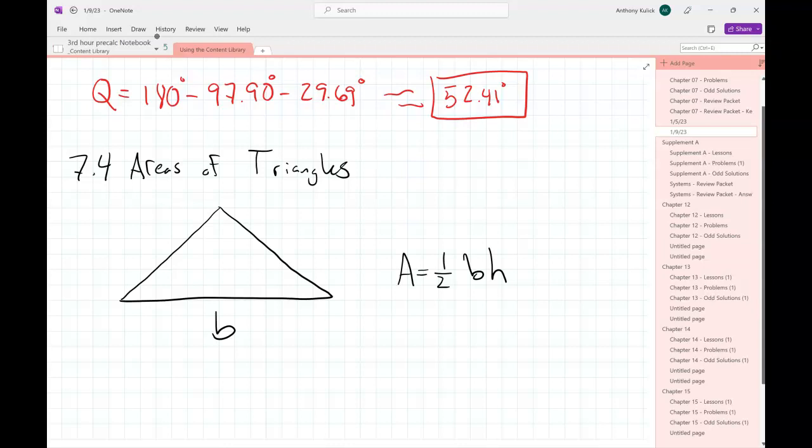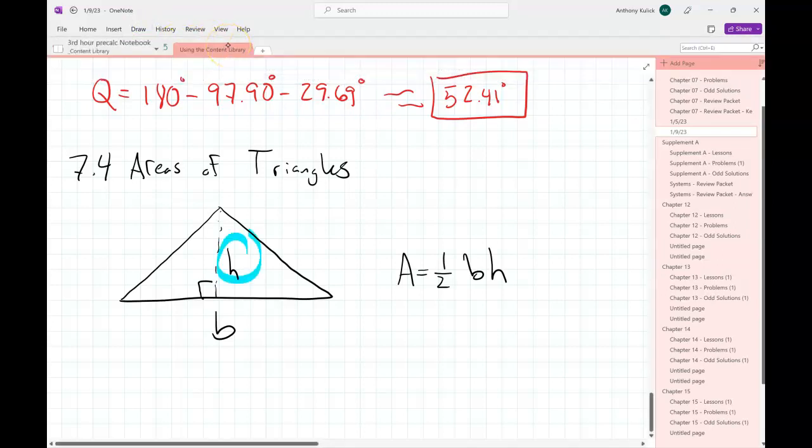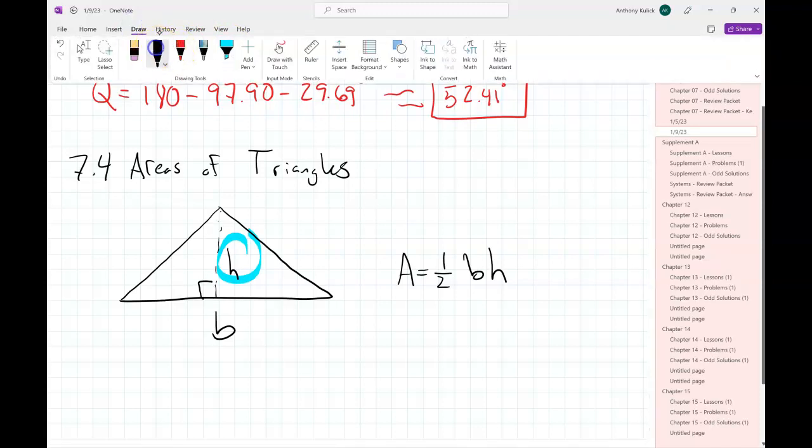That's correct. Boyd's right. The height would be this, right? What's the pain about this formula? Figure out the height on your own, if you're not given the height.